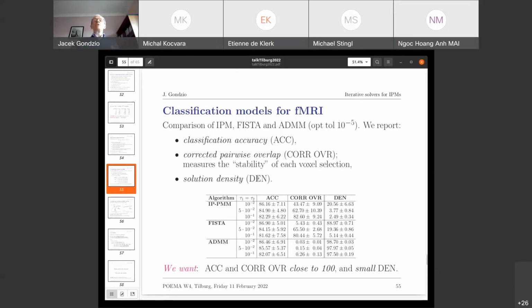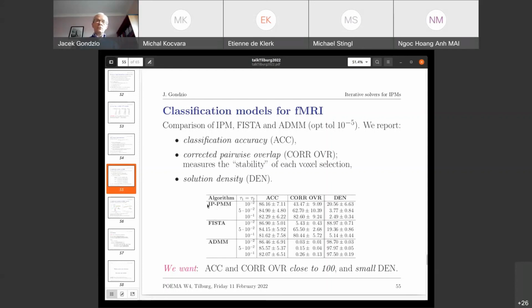When I say we want sparse solution, we would like density to be as small as possible. Accuracy, we would like it ideally to be 100%. Corrected overlap, we would like it to be as high as possible, ideally close to 100%. Density, we would like it to be as small as possible. So remember, these two numbers should be large, this one should be small.